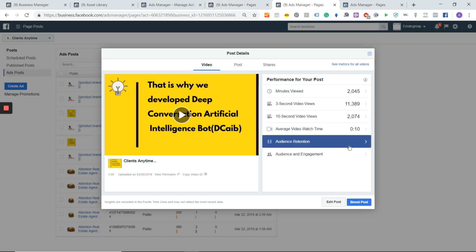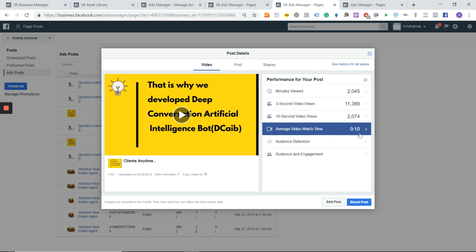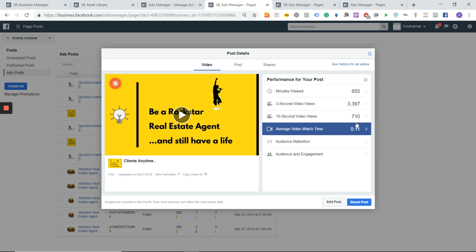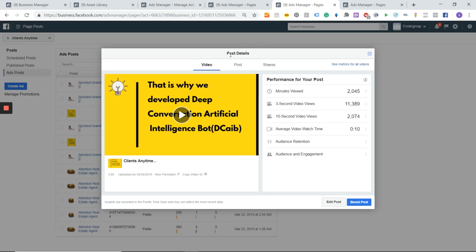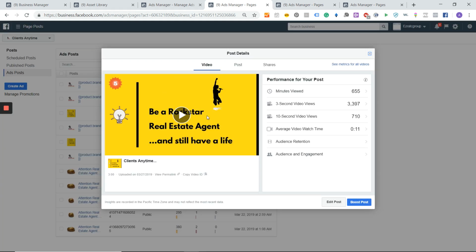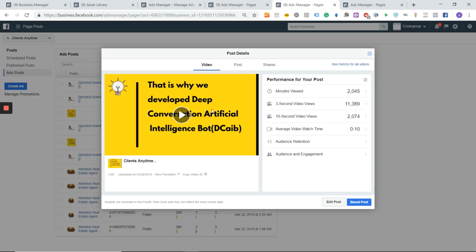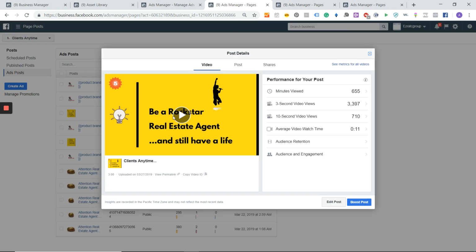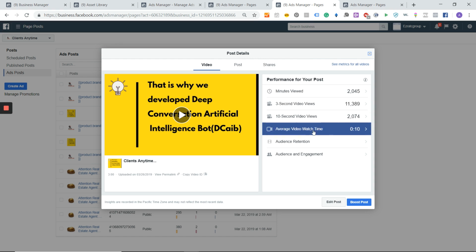So if you look at this, the average video watch time is 10 seconds. On the other hand, the average watch time here is 11 seconds. So obviously, what that is saying is that those who saw this image, it resonated with them more than those who saw this image. The other thing is, it could also be that the audience here find this more fascinating than this audience.